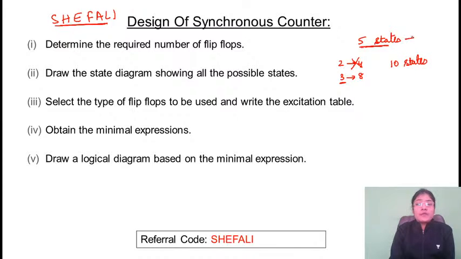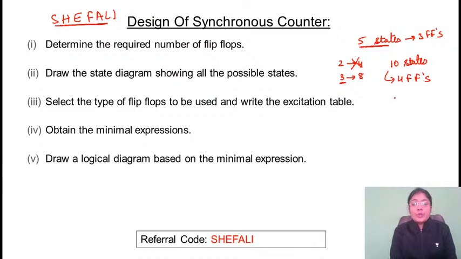With 3 flip-flops, you can represent up to 8 states, 2 raised to power 3. With 4 flip-flops, you can represent up to 16 states. So 10 states will be used and the remaining 6 states will be the unused states. So this means that 4 flip-flops are required.